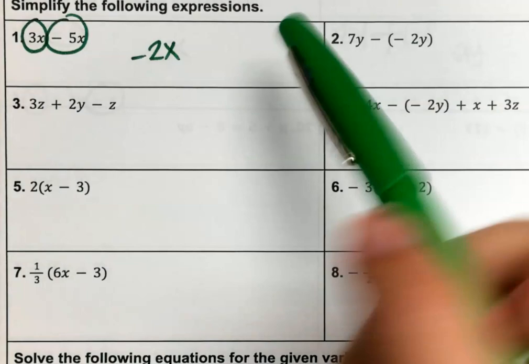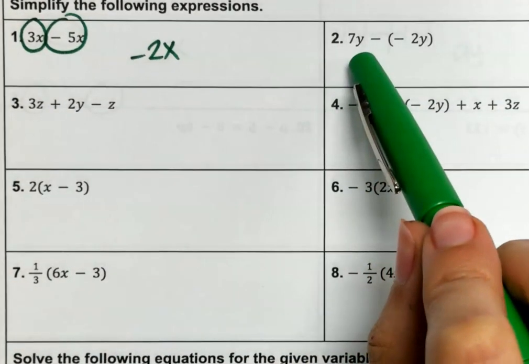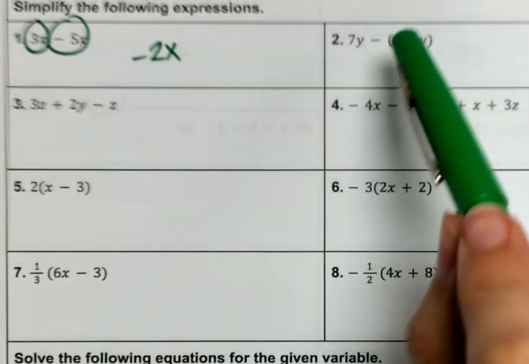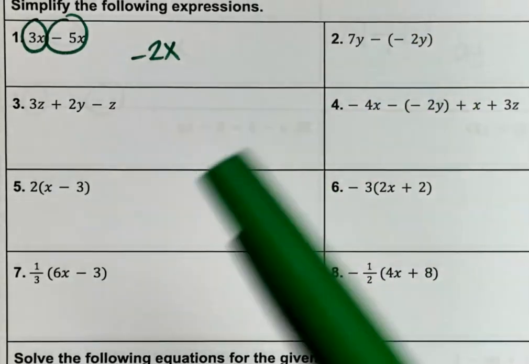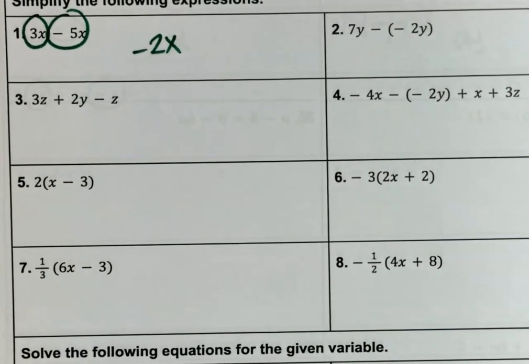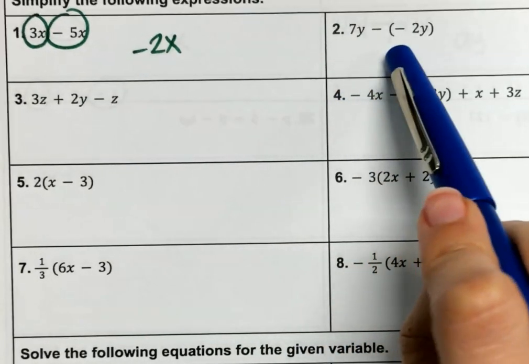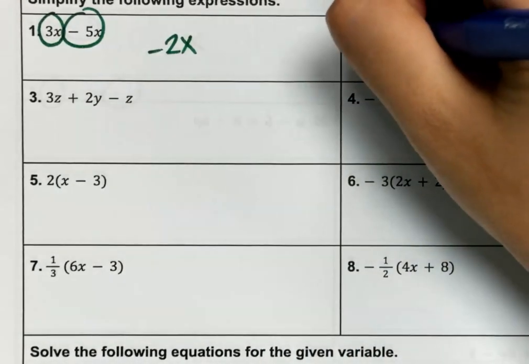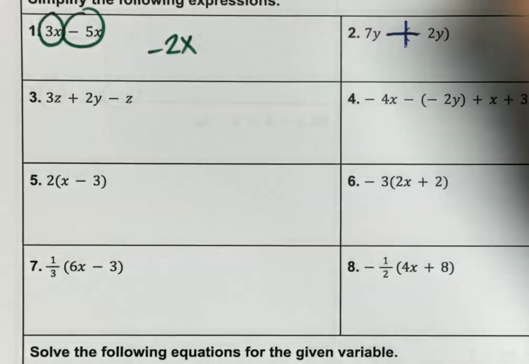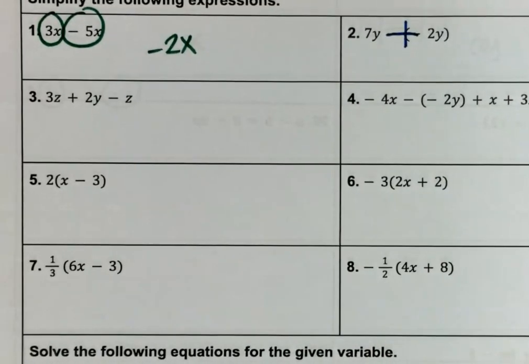Looking at number 2, you may recognize that the 7 also has a y, as well as the negative 2y. So you may want to start combining them. But before you can start combining, we need to get rid of double signs. So this reads as 7y minus negative 2y. We know that a negative and a negative make a positive, so I'm going to turn that into a giant plus sign. So the problem is actually 7y plus 2y.